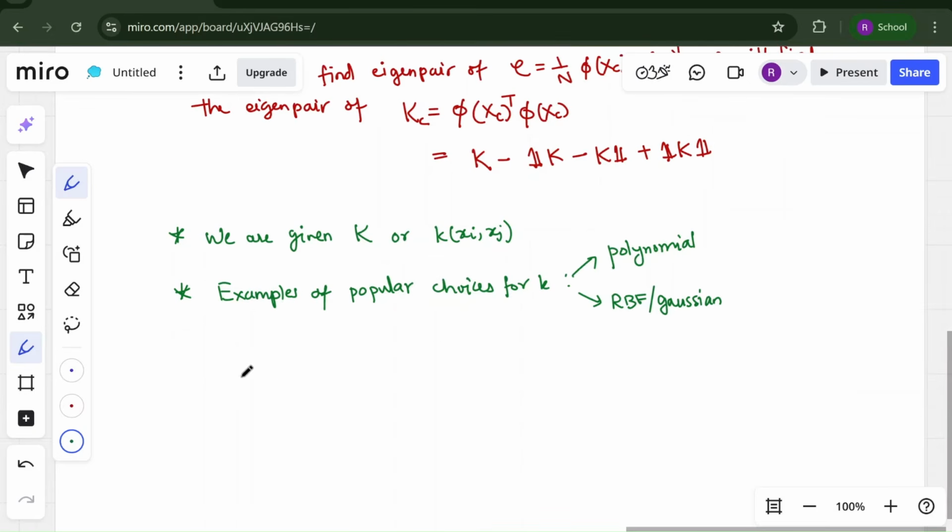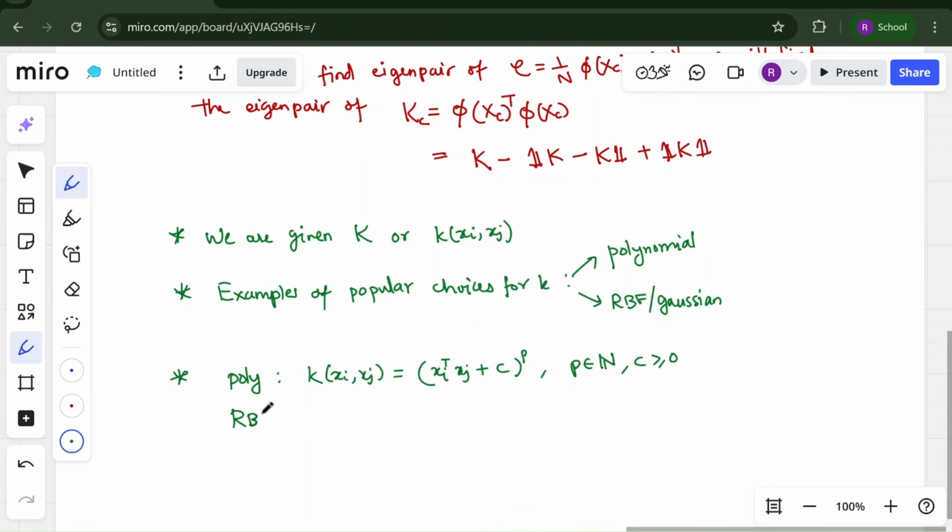What do they look like? For polynomial kernels, we have that K of xi comma xj is given by (xi transpose xj plus some constant c) raised to the power p, where p is a natural number, 1, 2, 3 and so on, and c has to be bigger than or equal to 0.